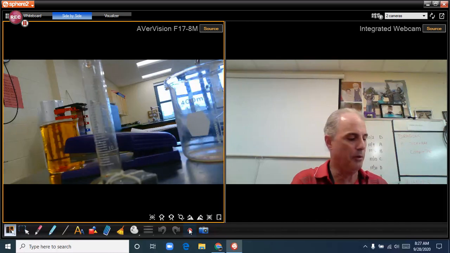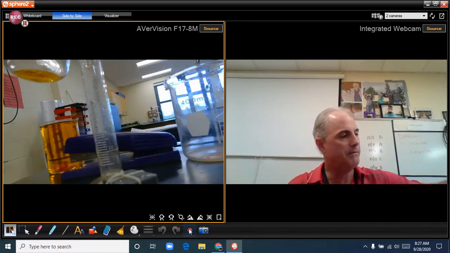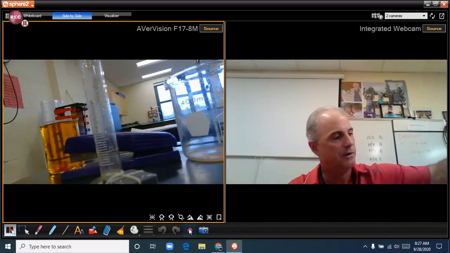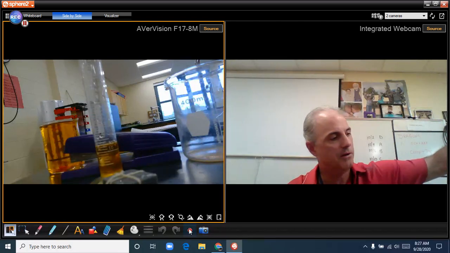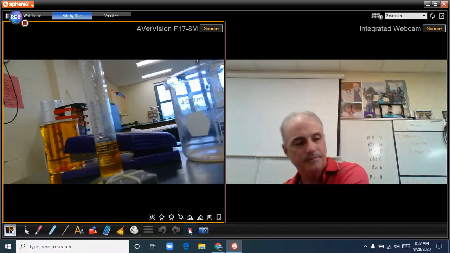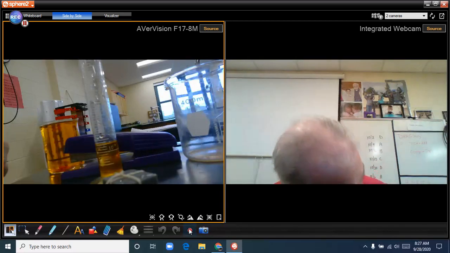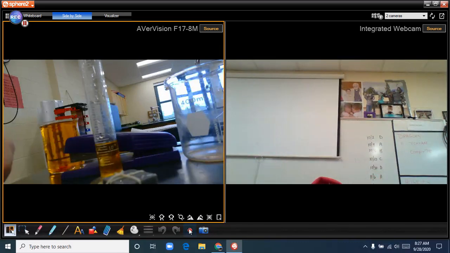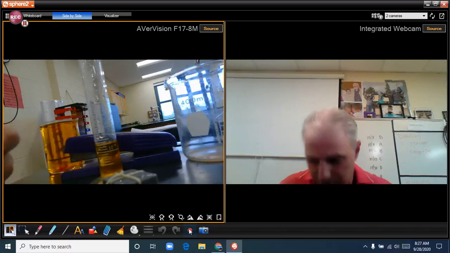All right, so now I'm going to pour this fluid that I displaced into my container, or into my graduated cylinder. And it looks like it's approximately 13 milliliters.